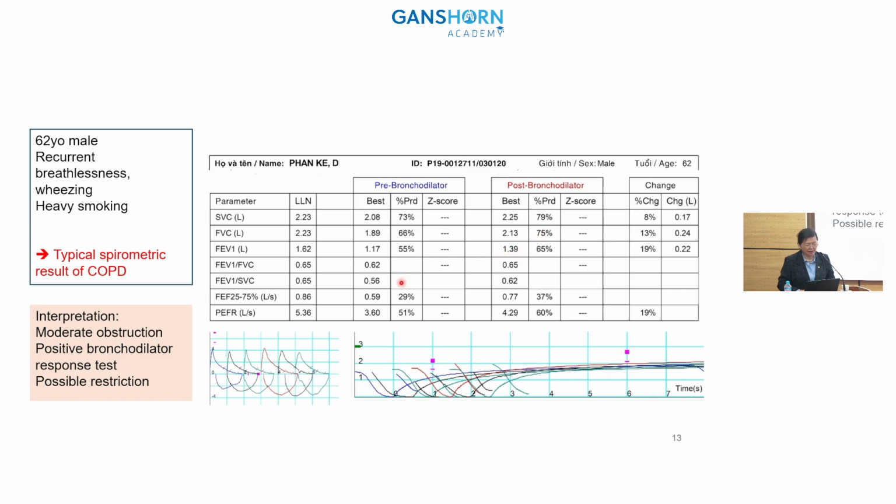So there is obstruction with no bronchodilator response. And if you look at the flow volume curve, you have seen that it is very typical of COPD with the very severe obstruction, and there is no response to the bronchodilator test.